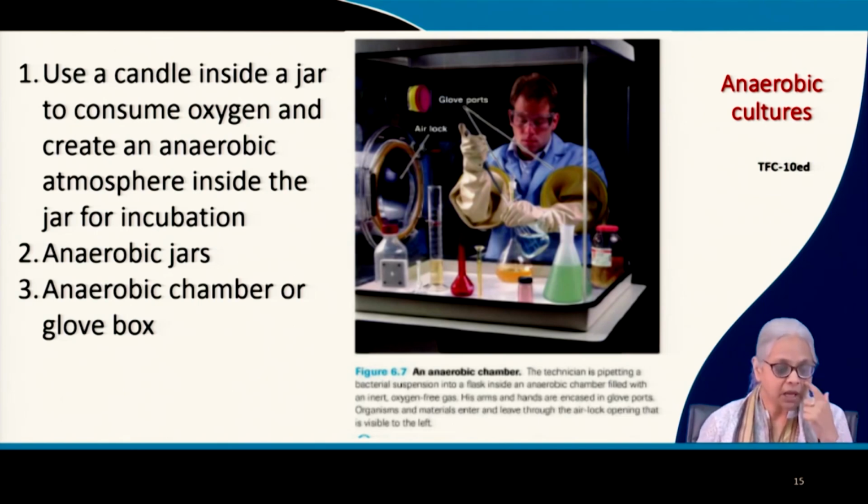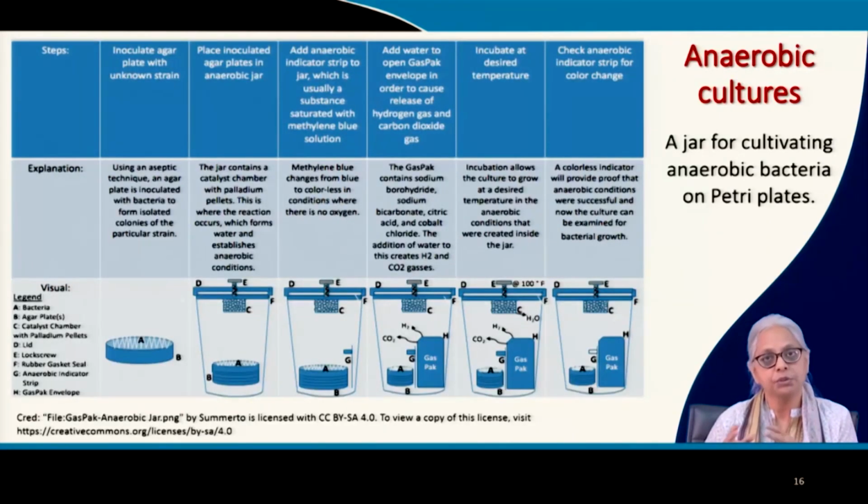I then come to anaerobic jars, which are for small-scale experiments. In the first case, you inoculate the agar plate with whatever anaerobic bacteria you have and place it in an anaerobic jar. An indicator strip is part of the jar. These are commercially available setups and they are generally saturated with methylene blue.